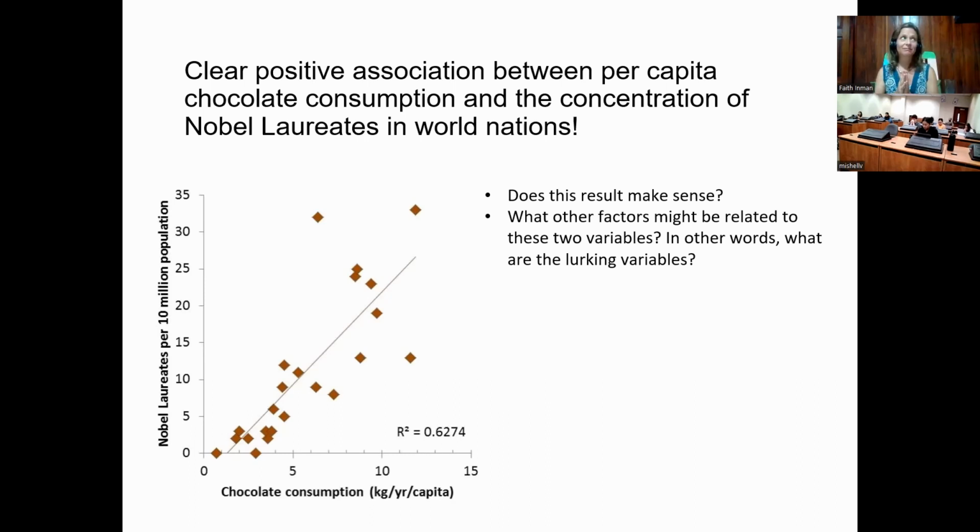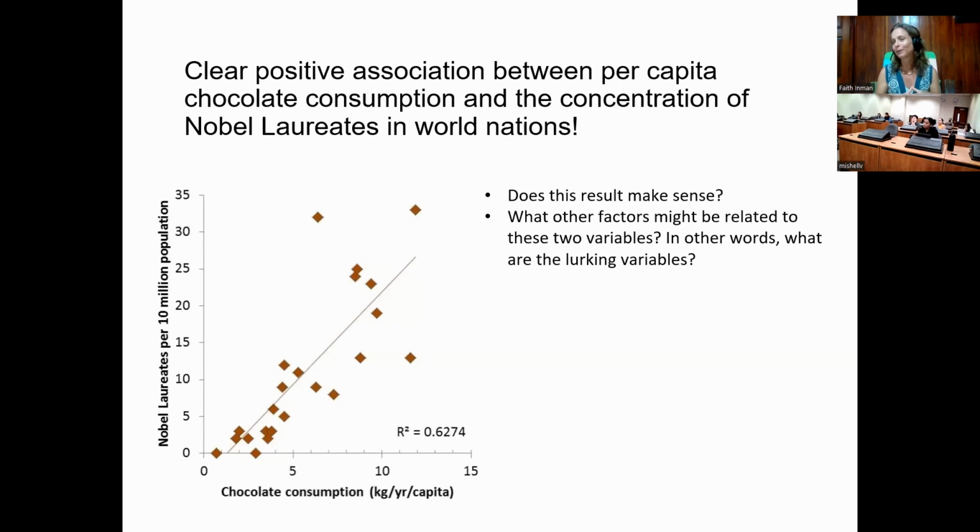Like money, right? So countries that have more money might have people that both eat more chocolate and be more likely to be doing the kind of high level work that results in a Nobel laureate. So those factors are confounded.